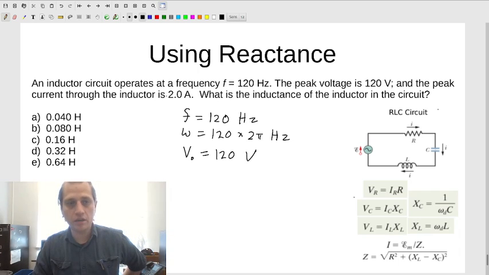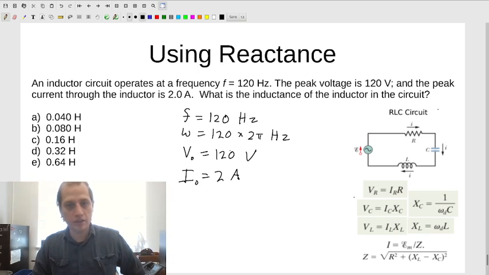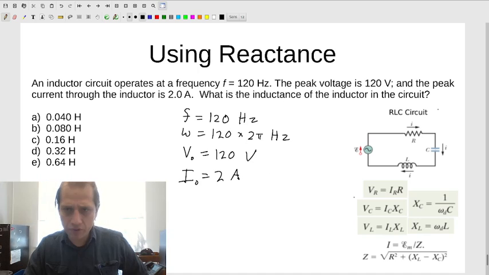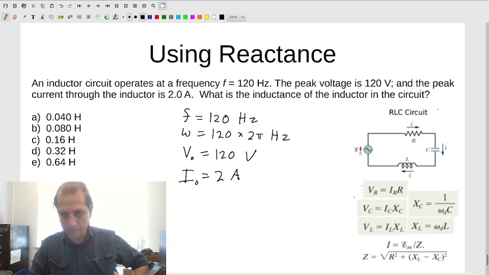And the peak current through the inductor is 2 amps. And remember, in an AC circuit, this means that you're going between 120 to minus 120 to 120 to minus 120, and your current is going between 2 amps, minus 2 amps, 2 amps, minus 2 amps. It's going in between sinusoidally. And it says, what is the inductance of the inductor in the circuit?